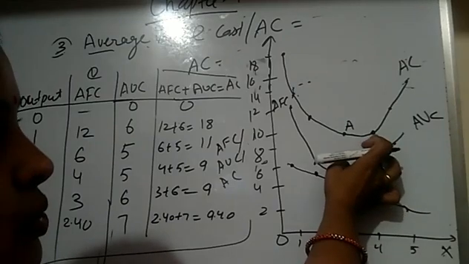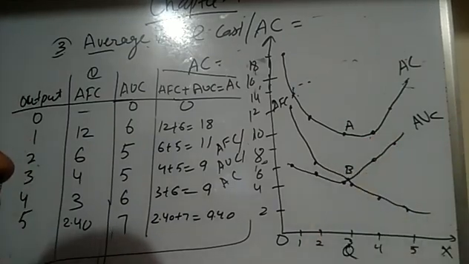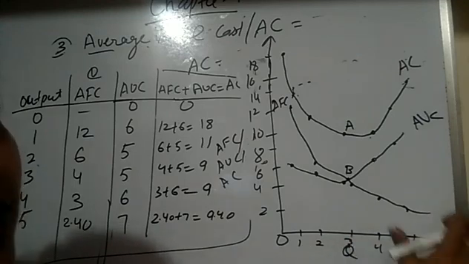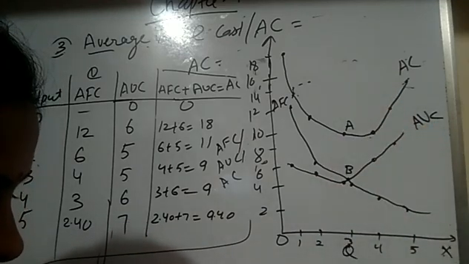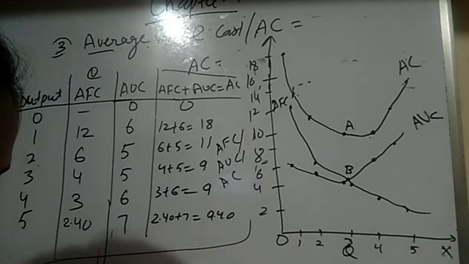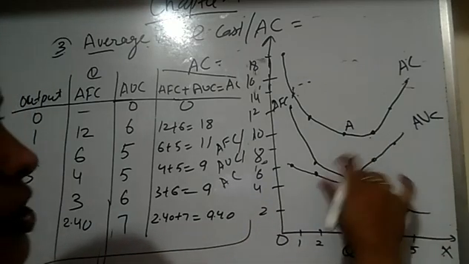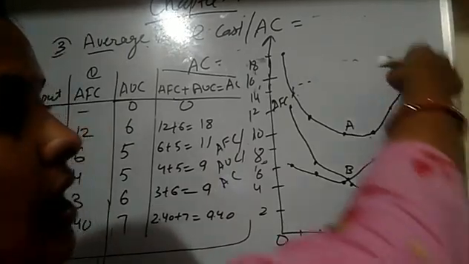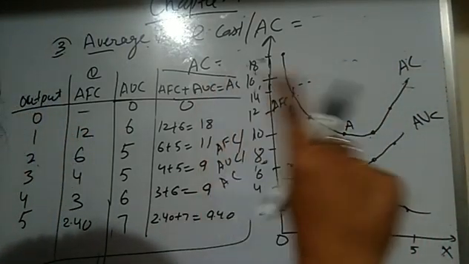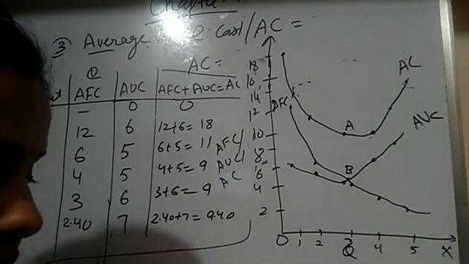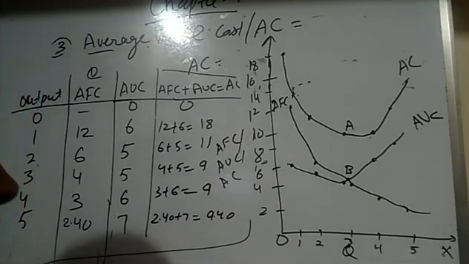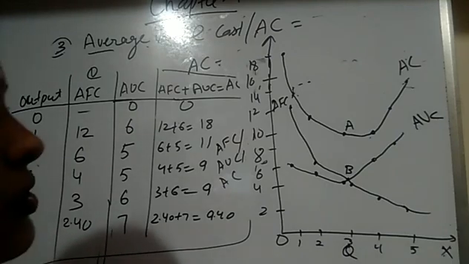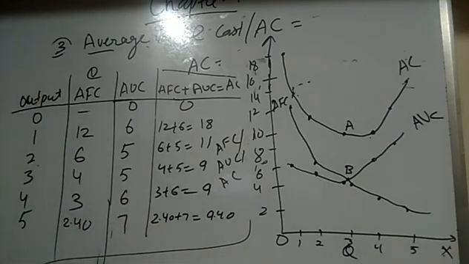Next, as the output increases, AC and AVC curves never intersect. These curves go upward and upward, but they never touch or cut each other. Okay, so this is the relationship between average cost, average variable cost and average fixed cost. Clear students?